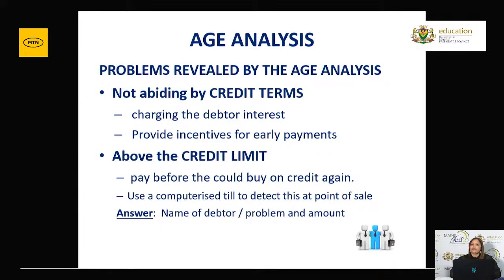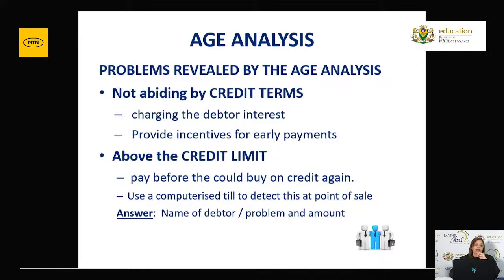What to do if they don't stick to their credit limit? Do not allow them to buy again, right? They must stay within the limit. If they want to buy again and they did not pay us, we expect a payment before they're allowed to buy. Use a computerized till slip to detect this at the point of sale. In other words, most of our businesses have computerized systems now.